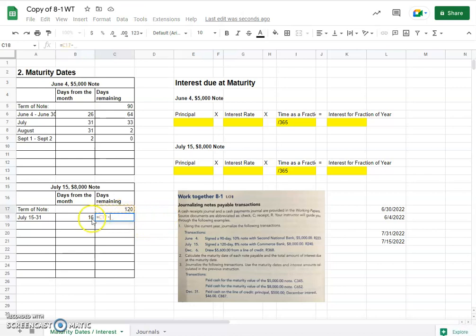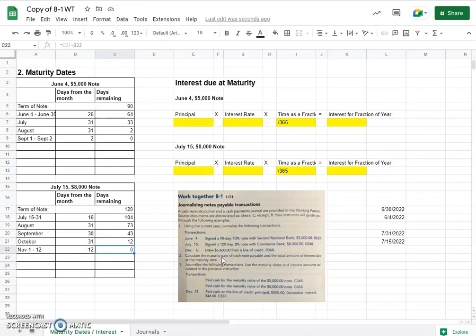So 120 minus the 16 is 104. And we'll do August, September, October. There's 31 in August, 30 in September, 31 in October. We'll carry our formula down. We have 12 more days after October, which means November 1 through November 12 would be the 12 days we need. And there we go. That's our maturity date.